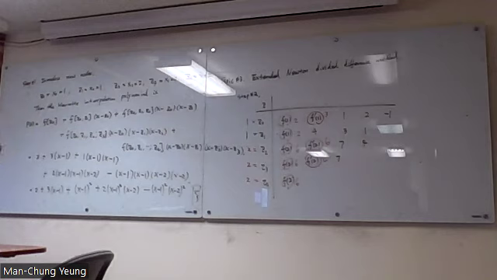Then the polynomial is the Hermite interpolation polynomial. Then use the table to determine the coefficients. Only two formulas. Details are in my notes. You can take a look at my notes.